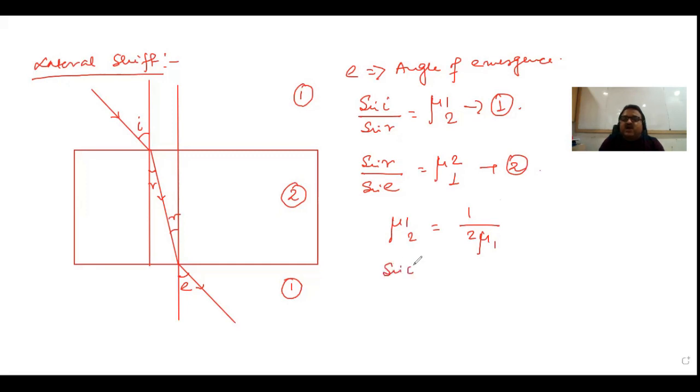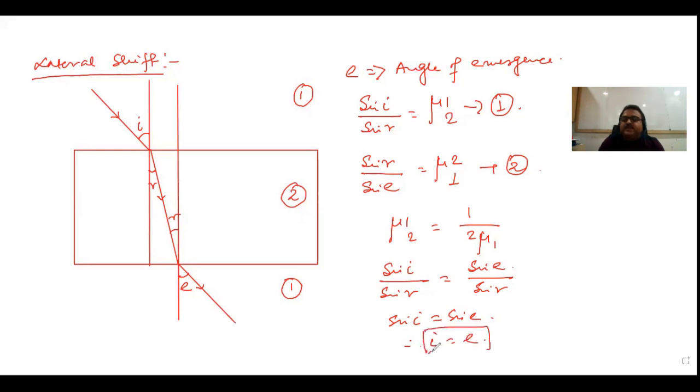Sine of I by sine of R. 1 by 2 mu 1 means what? If I reverse it, this will be sine of E by sine of R. So what we can write? Sine of I equal to sine of E. Clear? Therefore, I equal to E.